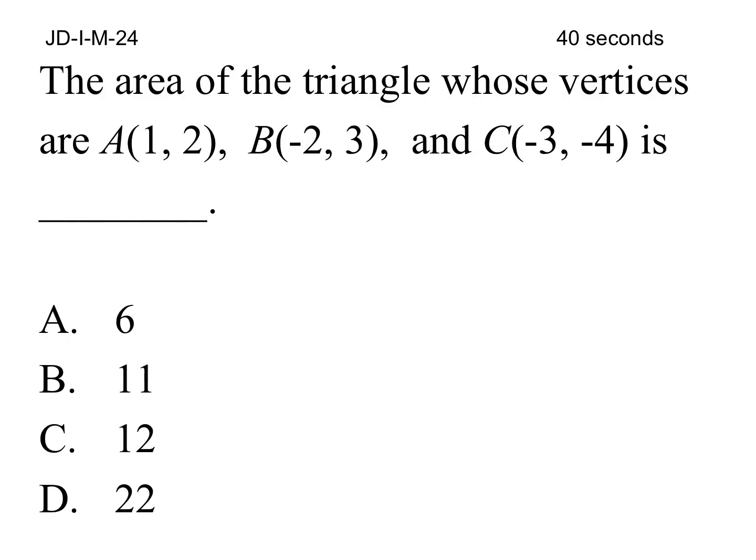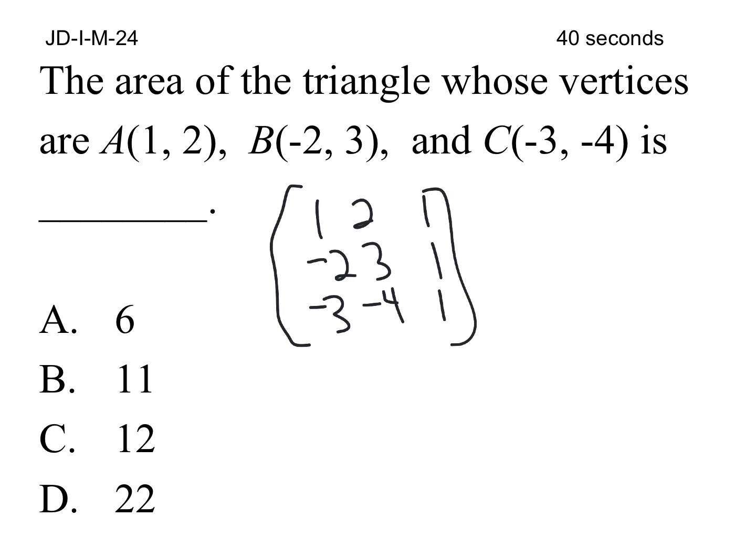Question 24, we're trying to find the area of this triangle, so let's do this. We've got just put the coordinates and then put a 1 in the third column. And then if you want to do the shortcut way, we just rewrite the first two columns again.